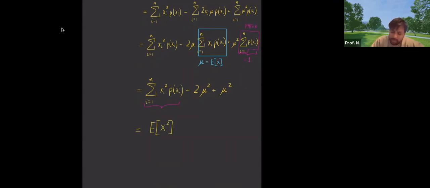And then what is this here? What does this become? Minus 2 mu squared plus mu squared is a total of minus mu squared. Right? And then again, what was mu? Mu was the expected value of x.